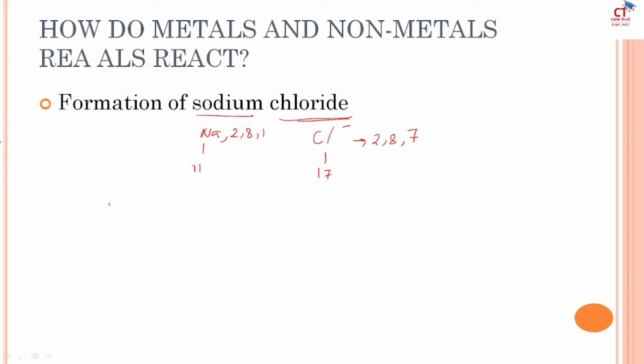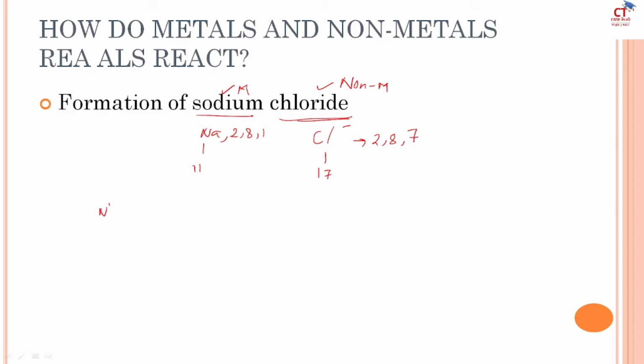So we know this is a metal and this chlorine is a non-metal. Let's see how they tend to lose or gain electrons to attain filled valence shells.